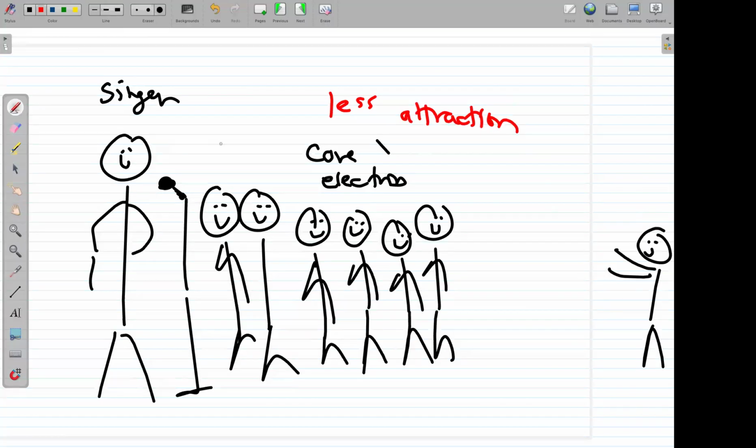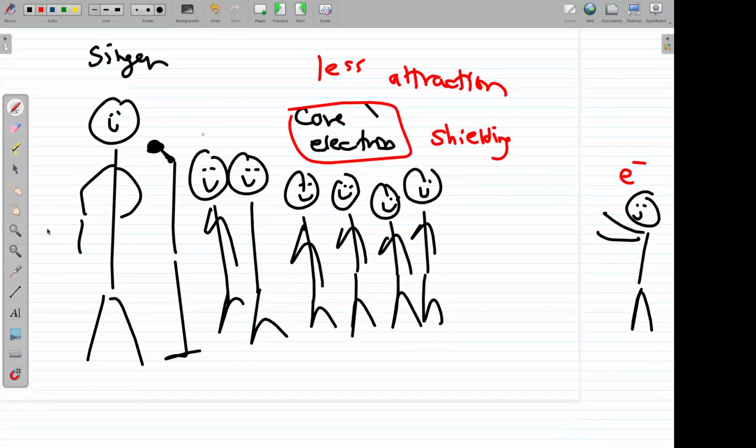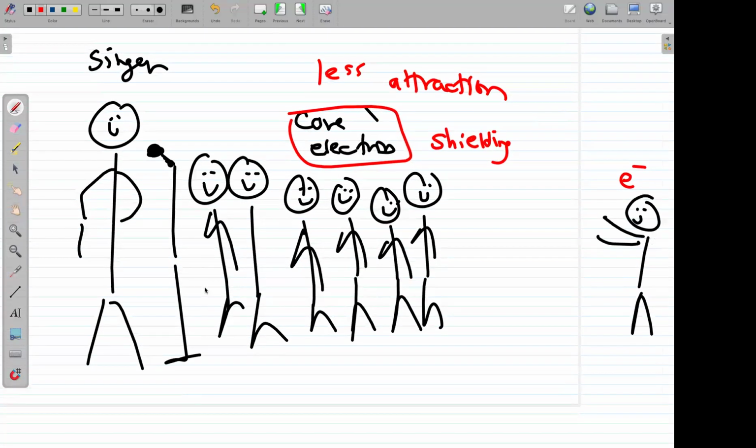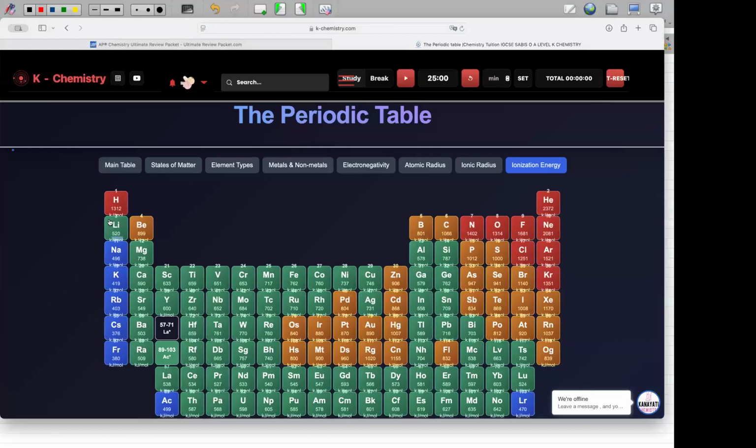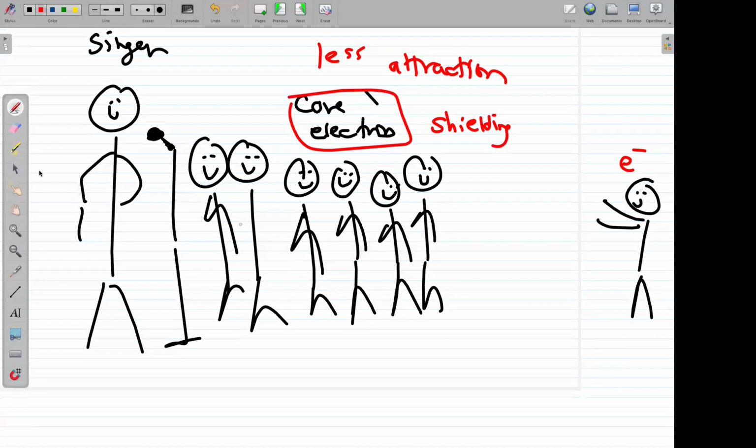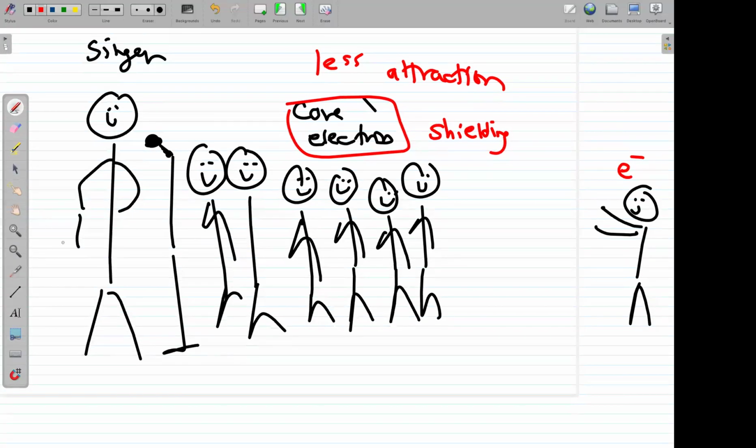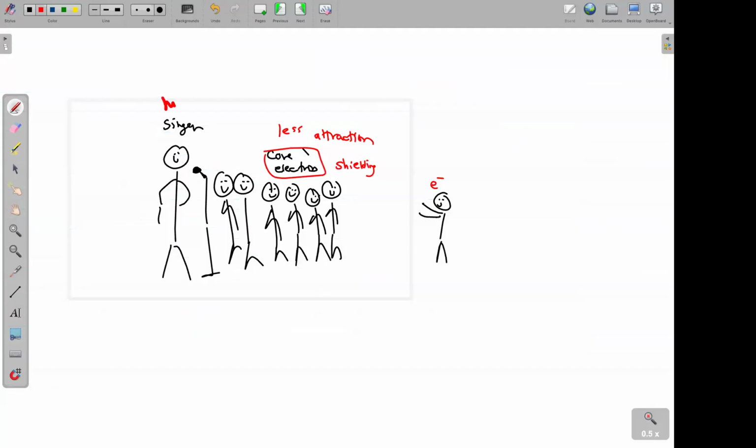Okay. So the electron here is sitting and these core electrons are in between doing shielding. What if I am not in a group which is down? So instead of being here, I am here at the top. Let's look at the lithium. The distance between the lithium and the nucleus is very small.